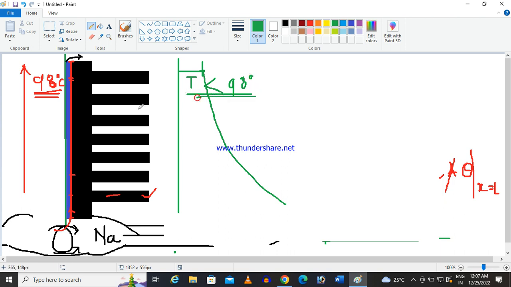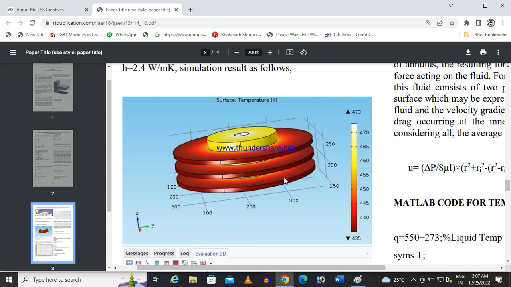So my number of fins and all these calculations should be like that. So this is a COMSOL model, as I told. Here you see the base temperature is around 473 degrees, and it comes down to 435 degrees, something like that.